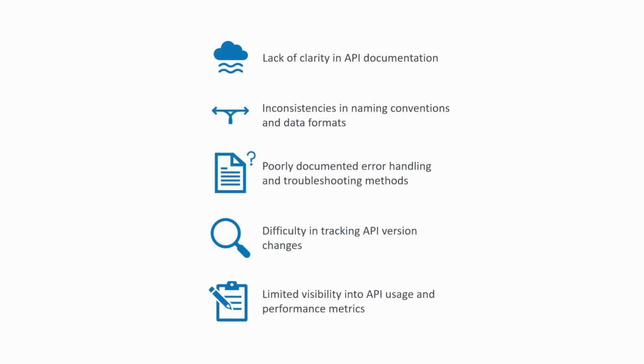You didn't handle that very well. Also, it's maybe harder for you to troubleshoot what's the problem with your API. API versioning, this is also another common issue, and how to track these different versions. And the monitoring side, where you want to check your API usage, for example.